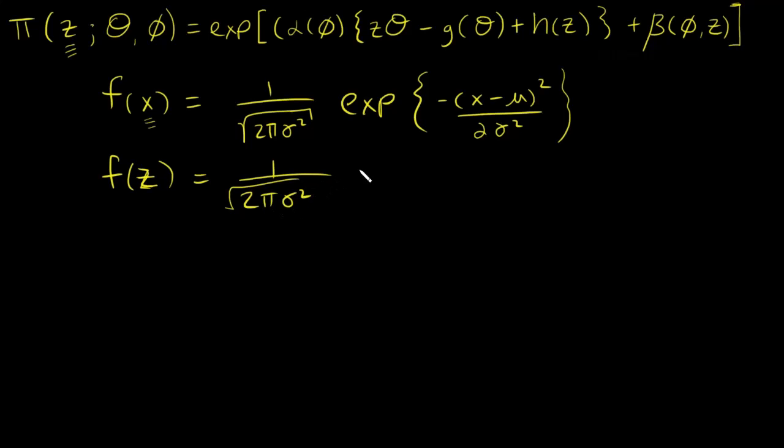Negative (z minus mu) squared. At this point, I don't know if mu is going to be phi or theta, or if sigma is going to be phi or theta. I have to figure that out by making this look like this.